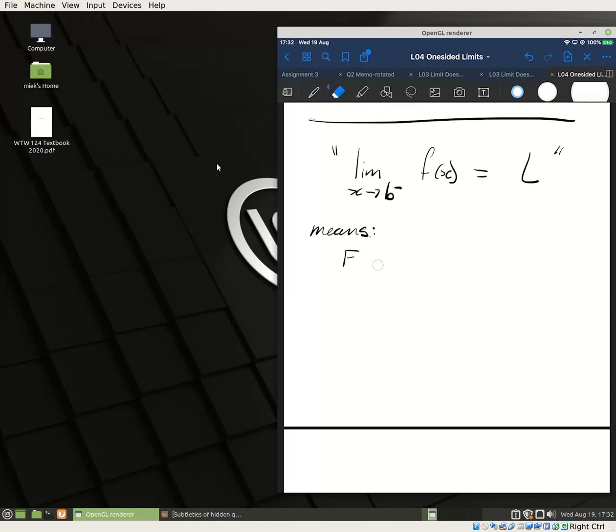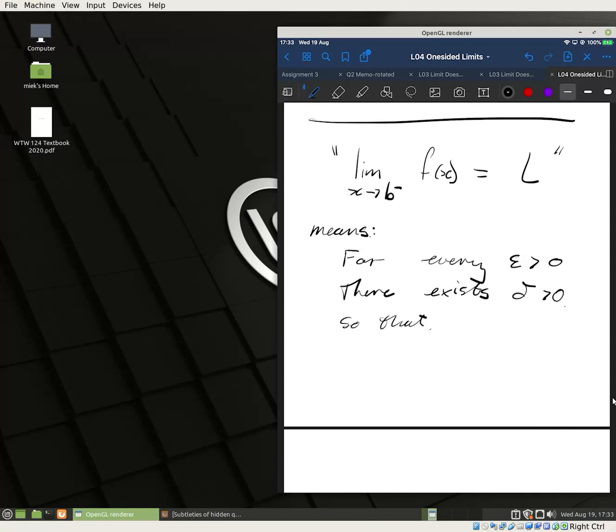For every epsilon greater than 0, there exists a delta greater than 0, so that if we are now to the left of b but still within a delta distance, so if x is smaller than b but greater than b minus delta, then we have that the function value at x of f is within an epsilon distance of L.